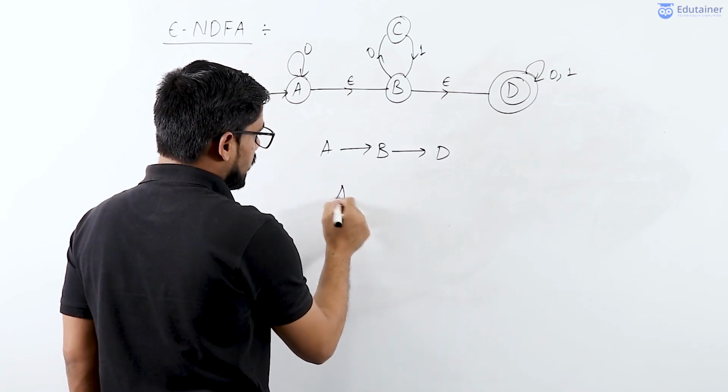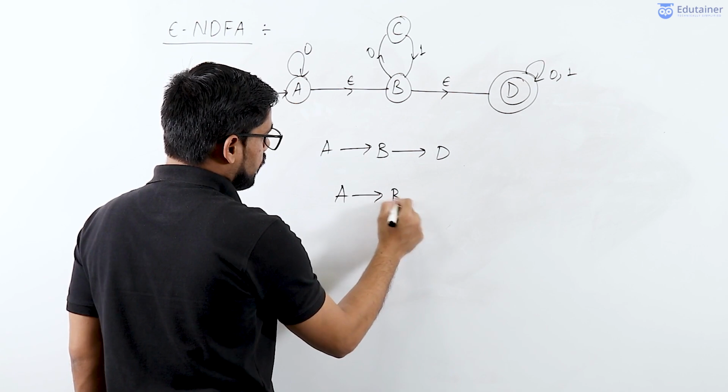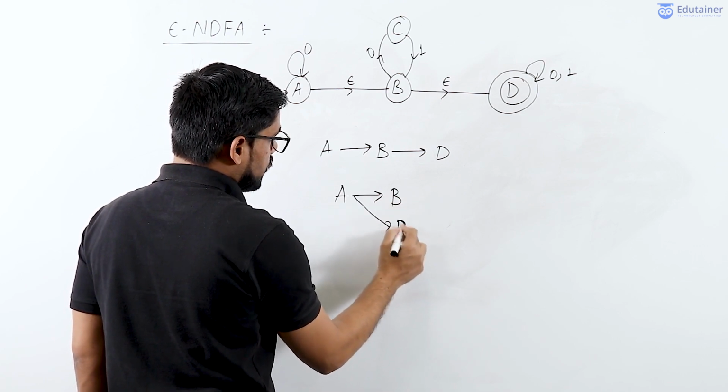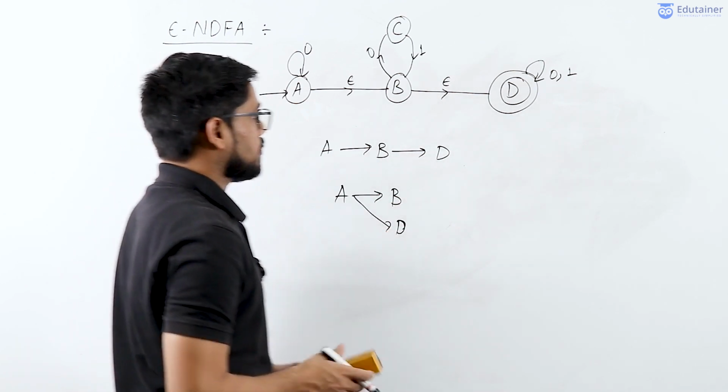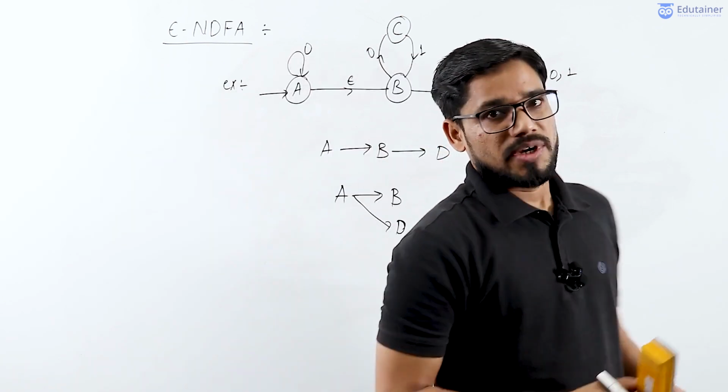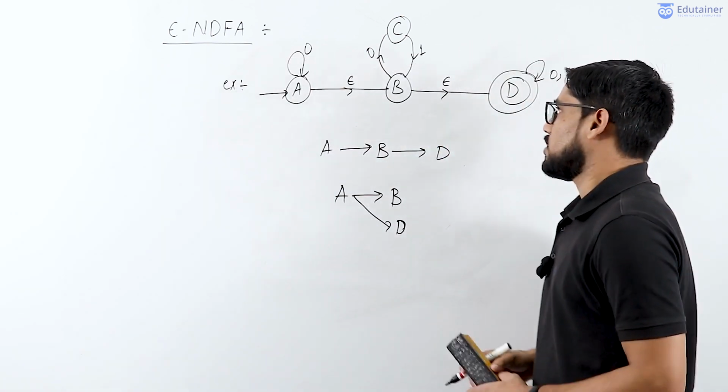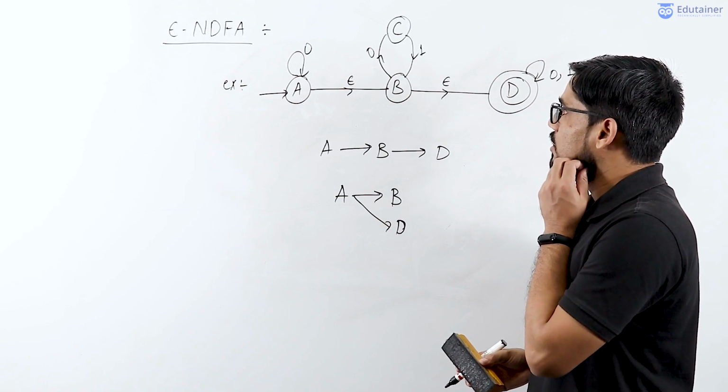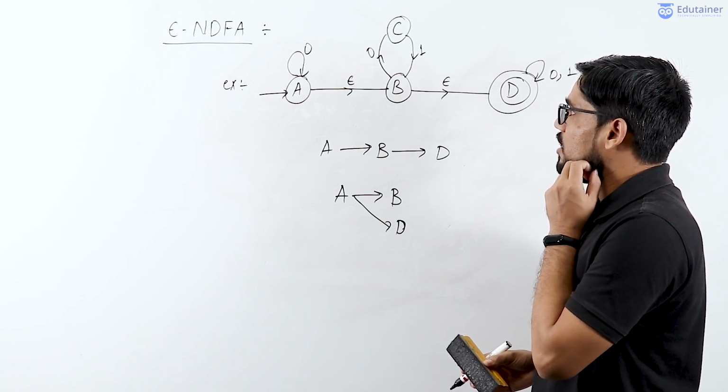So A will go to B as well as to D by just reading epsilon symbols. But it does not go to the state C, because C does not have any epsilon moves.